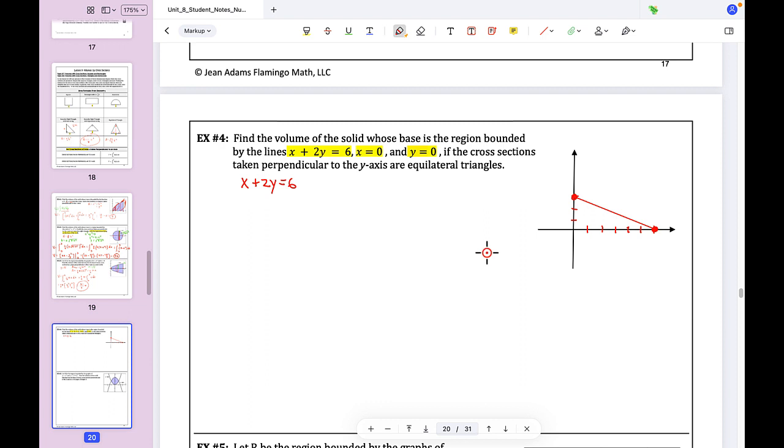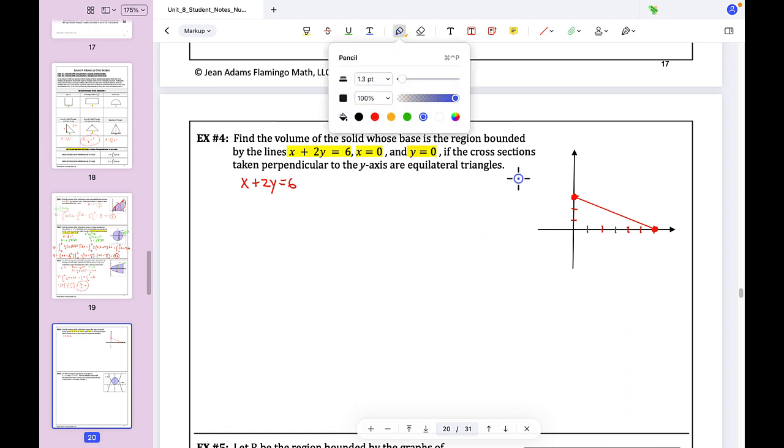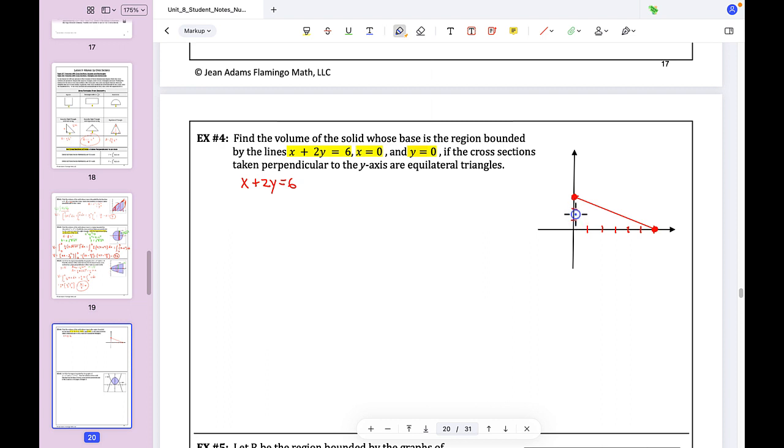The cross sections that are perpendicular to the y-axis are equilateral triangles. So this time I'm looking at triangles that are going like this. This time we're perpendicular to the y-axis.